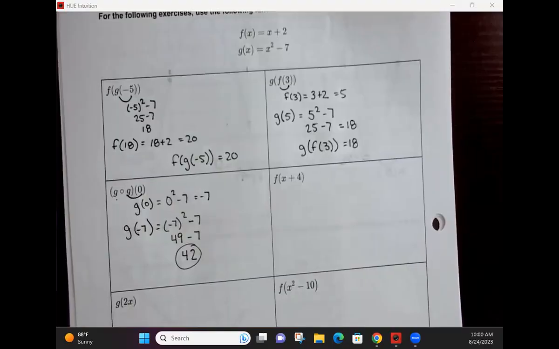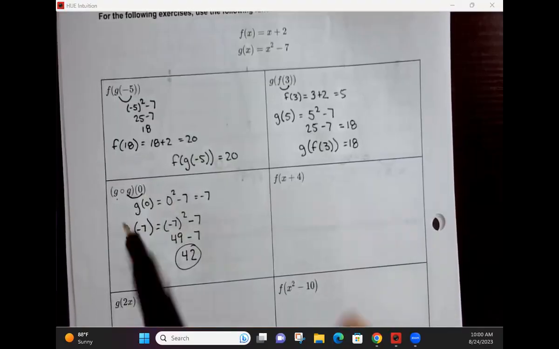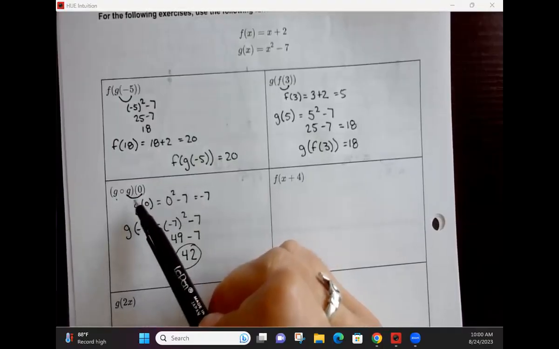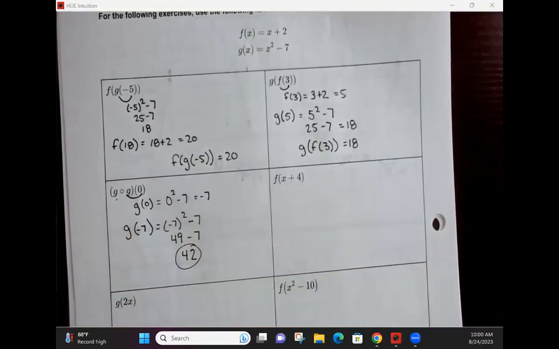Here's the thing that we're going to look at that's going to be a little bit different today. Instead of just looking at evaluating at a number, we're going to look at evaluating at an expression, okay? So for our next function, this is not a composition. We're just going to look at f of x plus 4, right? Not g of f of or f of g of x plus 4, but just f of x plus 4, just to kind of get a feel for what we're going to look at for today, okay?